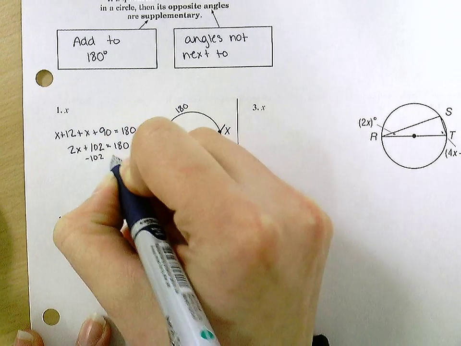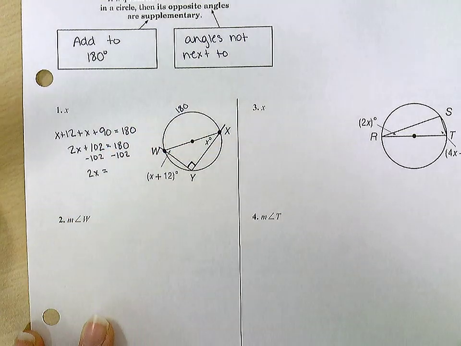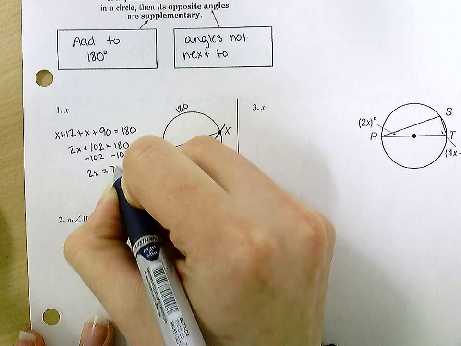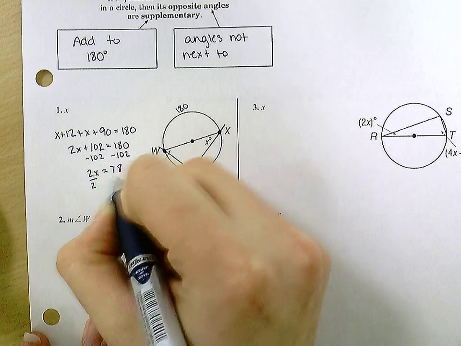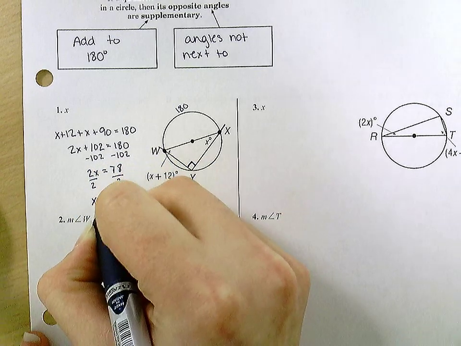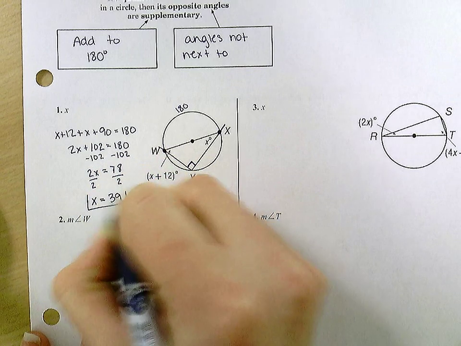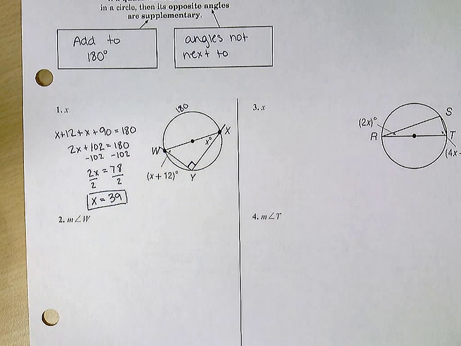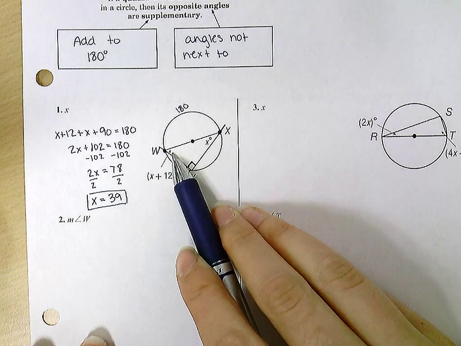Subtract 102 from both sides. Then divide both sides by 2. X is equal to 39. So then I also want to find the measure of angle W. That's this angle here.